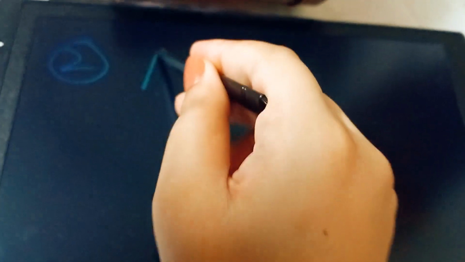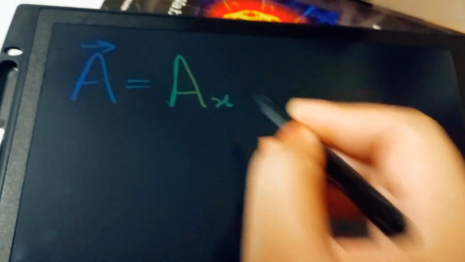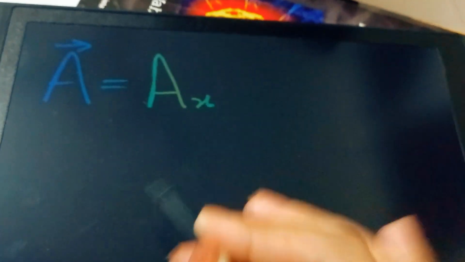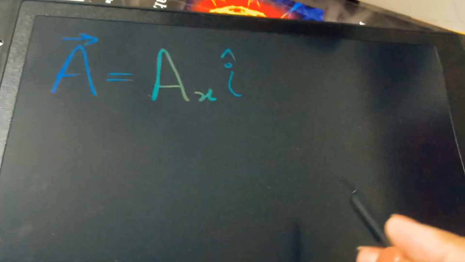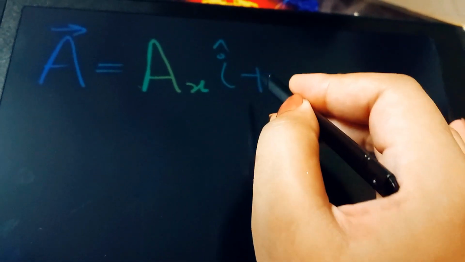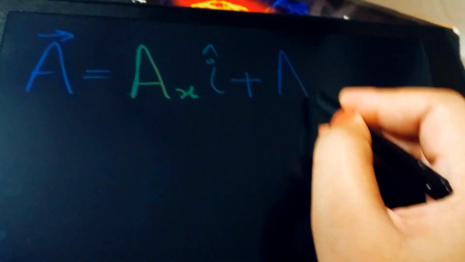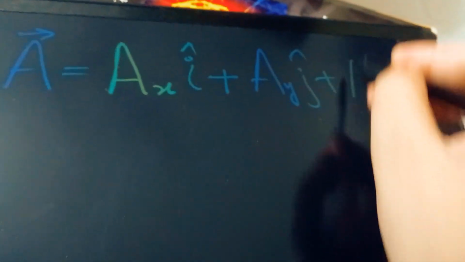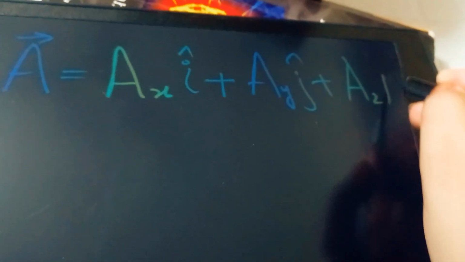For example, let's say we have a vector A, and its x component, with x written in the subscript, just to show that it's the x component, I hat, which shows the direction, plus Ay j hat plus Az k hat.